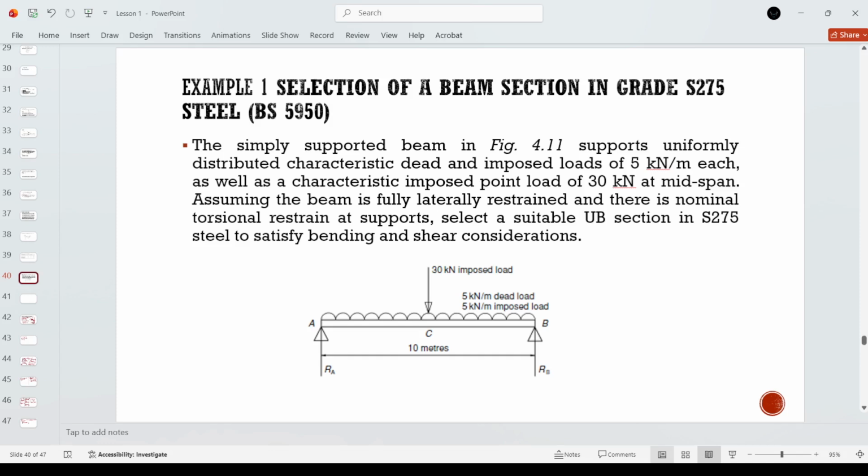Yeah, I have written. Okay. So our example today, we have selected a beam of grade 275.